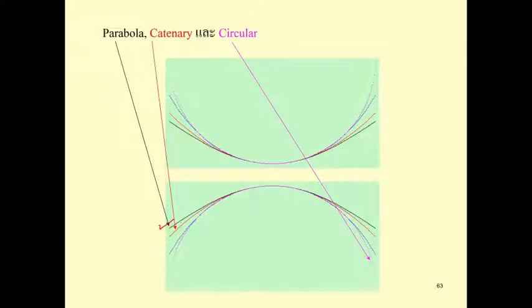The shape is going to be like the black line here. If it's circular, it's going to have the shape like the pink line. If it's the catenary, if you recall, the catenary is the shape of a cable when it's subjected to its own weight. The catenary is in between the parabolic and circular arch. And anyway, like I said, I like the line of the parabolic arch better than the others.